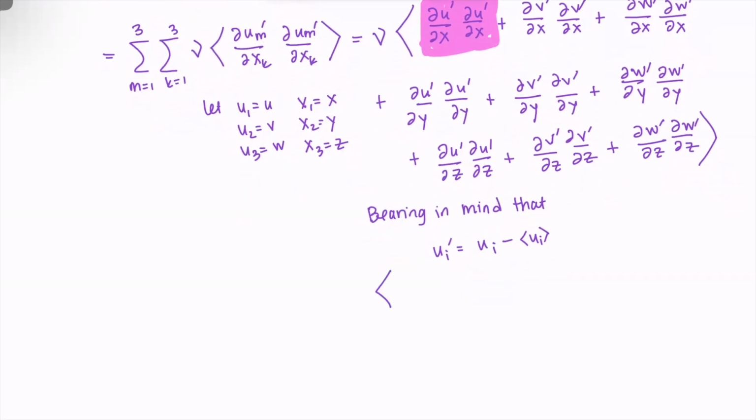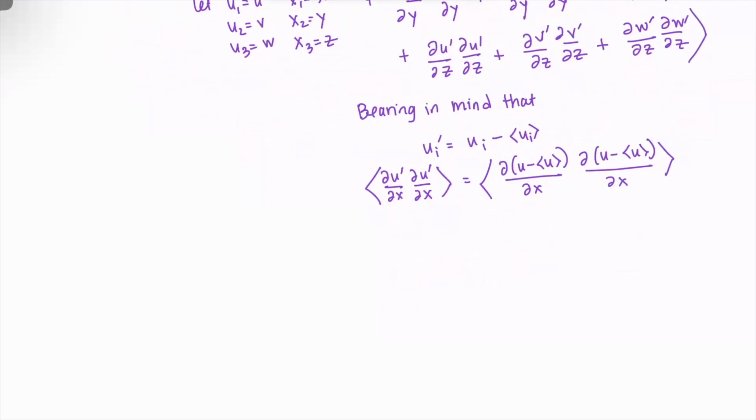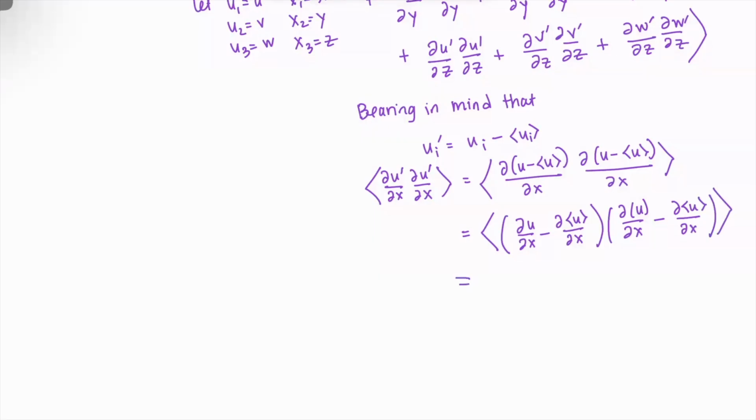So for partial u prime partial x times partial u prime partial x, I can substitute in that this is partial u partial x minus partial mean u partial x, times partial u partial x minus partial mean u partial x. And then I'm going to multiply that all through.